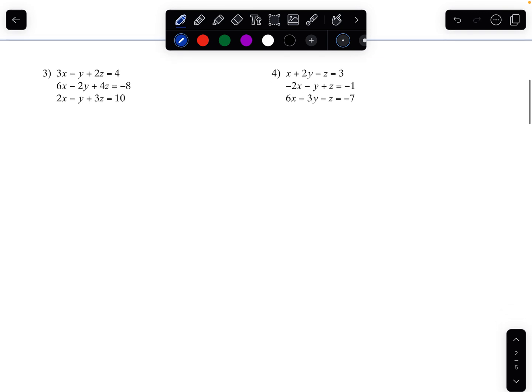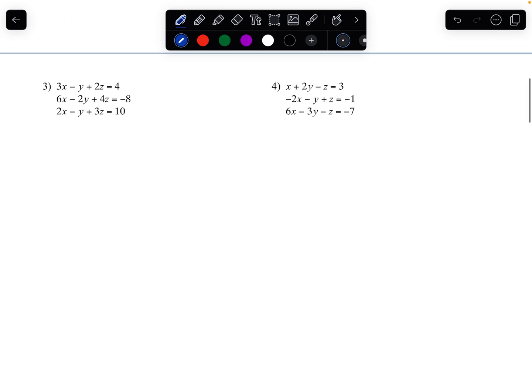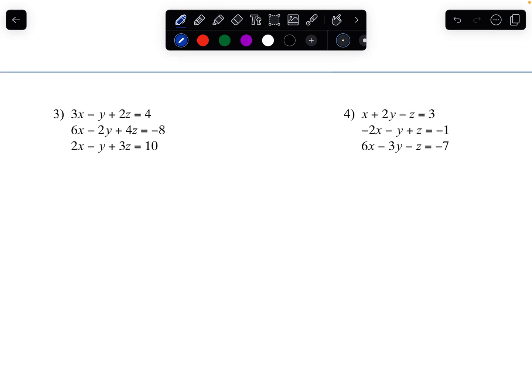Okay, so for 3, trying to see which would be the best variable to eliminate. It is kind of nice that 3 goes into 6, 2 goes into 6. That's nice. I wouldn't use z's because 2 goes into 4.